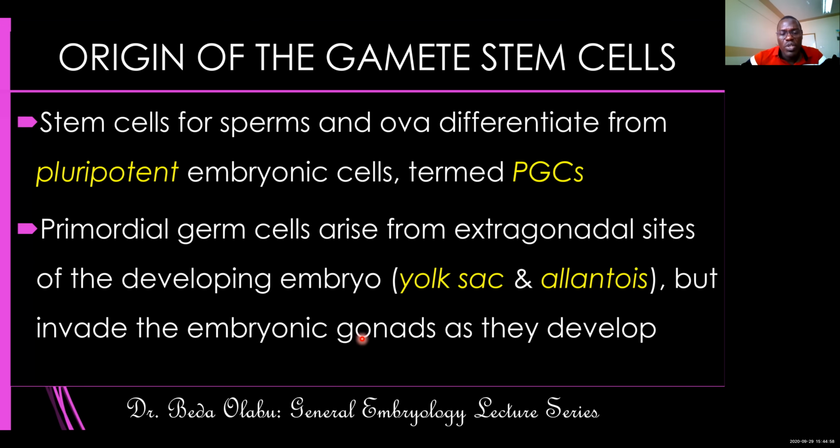If the developing gonad is a testis, they invade the gonad. If the developing gonad is the ovary, they still invade the gonad. So they're primordial germ cells. They come from regions outside the gonads. They migrate and invade the developing gonad.